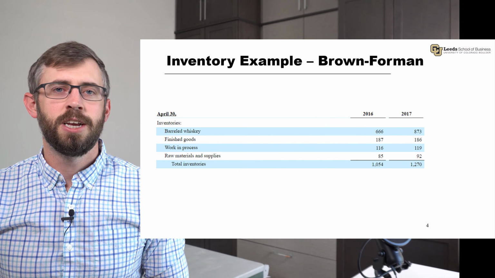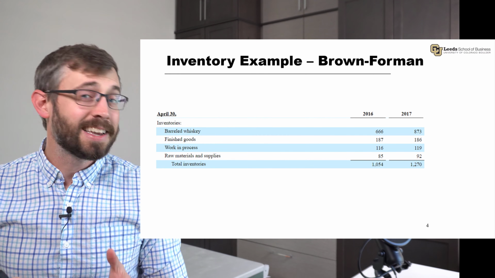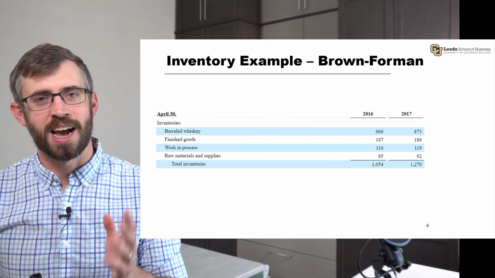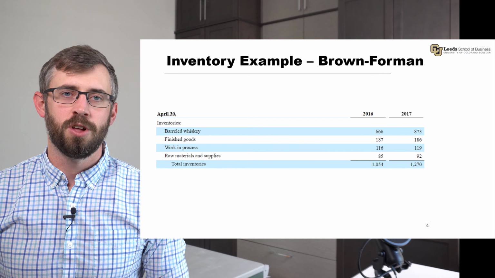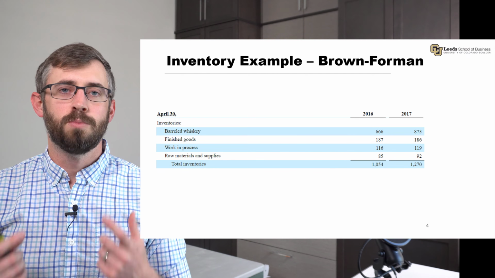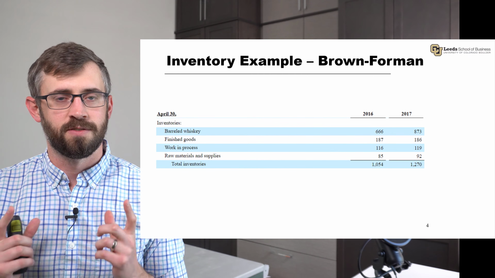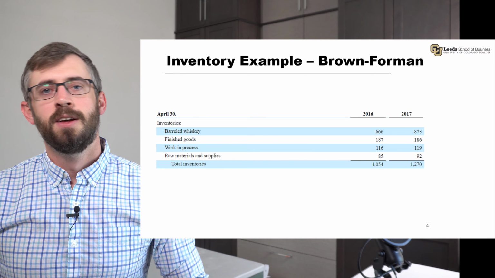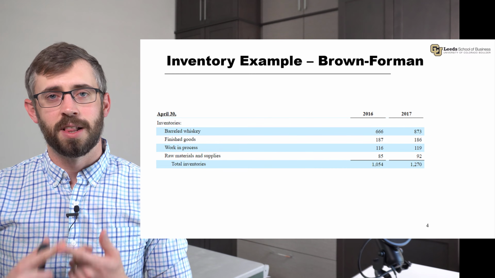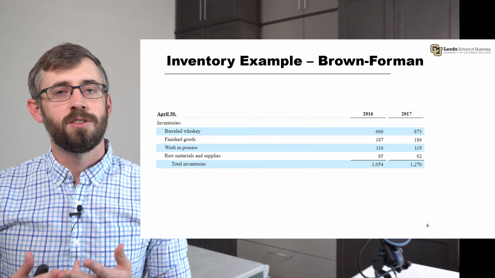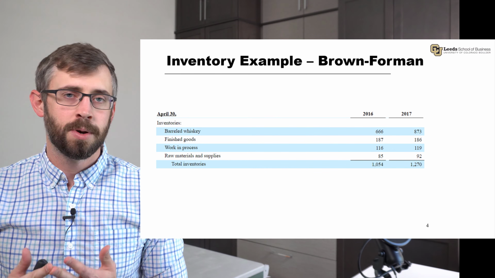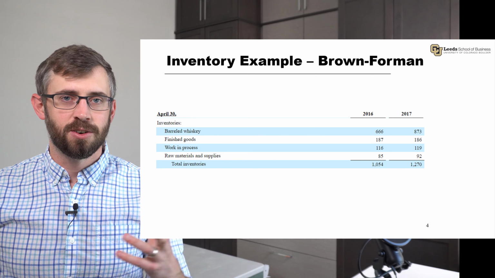So an example here from Brown-Forman, you may have partaken in some of their tasty beverages such as Jack Daniel's or Finlandia vodka, but we can see from their footnote disclosure that inventory includes more than just their finished bottles of liquor that are held for sale. It includes the raw materials and supplies that they're going to process into those finished goods, and it includes work in process or WIP, which are the items that are still being made.